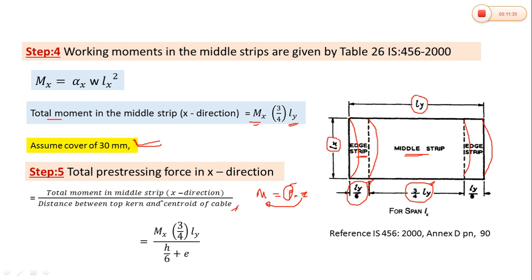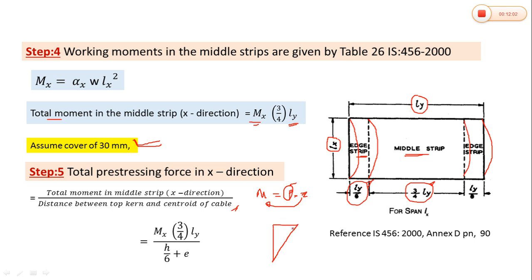We know that the total moment is Mx into the span of the middle strip for Lx, divided by the distance between the top curve and the centroid. This is nothing but the curve zone plus eccentricity. For this we use the stress diagram, which we already discussed.